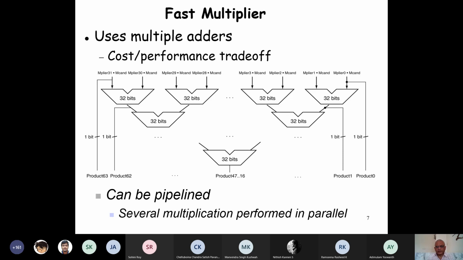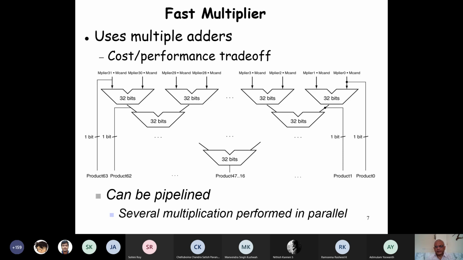So observe here that in the top row there are 16 32-bit adders. And look at this least significant adder here. It's a 32-bit adder. What it does is, the 0th bit or the least significant bit of the multiplier is multiplied with the multiplicand.